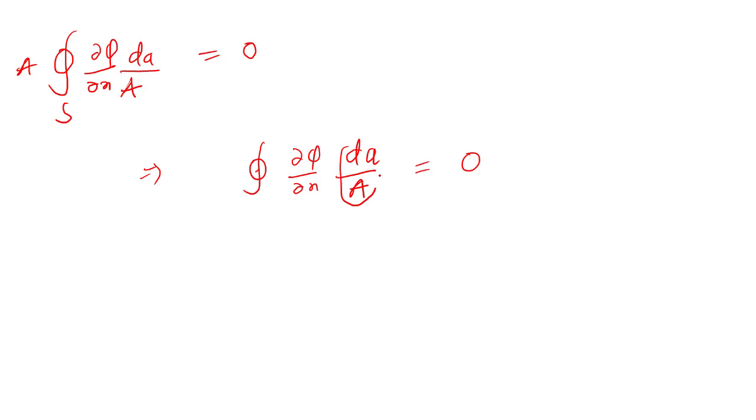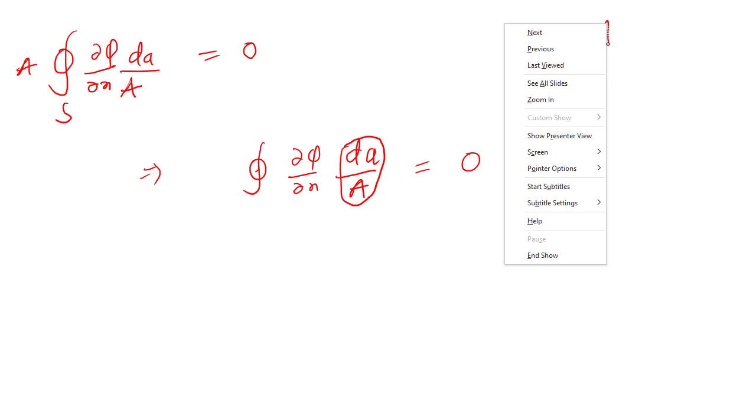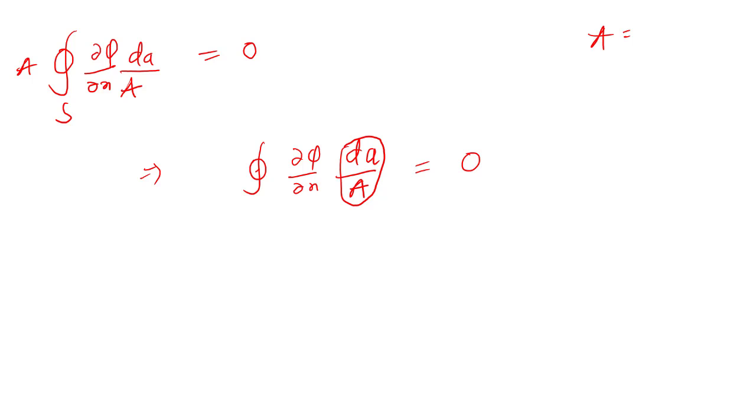This dA by A itself is like a number, because I have the total area A, and I'm dividing this total by n, so I'm getting n dAs. So dA by A itself is like 1 over n.